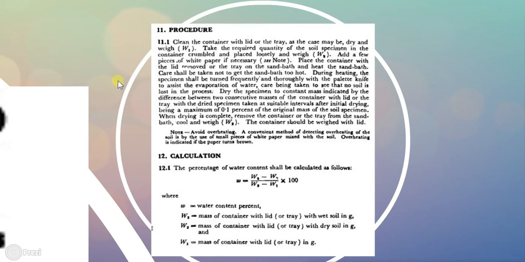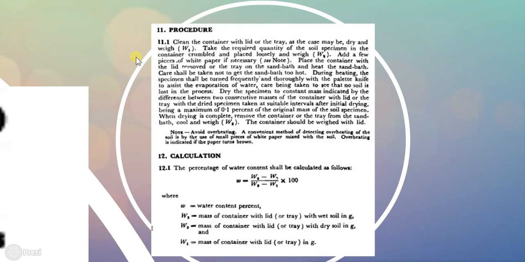Let us go to procedure of sand bath method. Clean the container with lid or the tray, as the case may be, dry and weigh W1. Take the required quantity of the soil specimen in the container, crumbled and placed loosely, and weigh W2. Same way we will do weight 1 and weight 2.